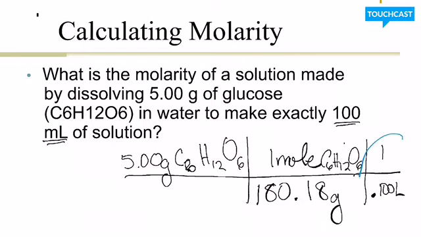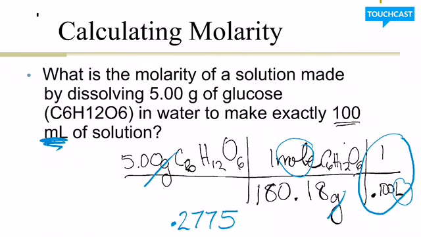I knew that I had to divide by volume, and instead of wasting time getting the answer of the moles first and then dividing by the liters second, or trying to show my work, I just throw it right here to save a little time. So I converted my mass into moles, okay? And then I divided by the volume in liters. You just need to remember how many times you need to move the decimal point over when you have milliliters and you're trying to go to liters. You need to move it 3 times. Okay, so I did all of that out, and let's get the answer.